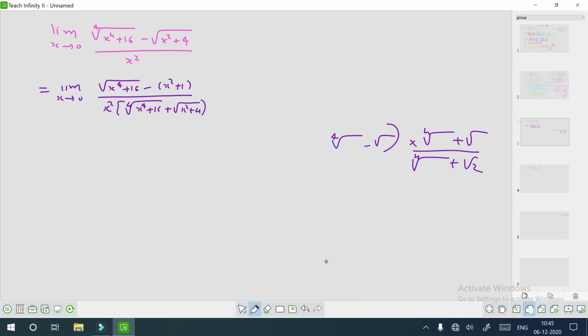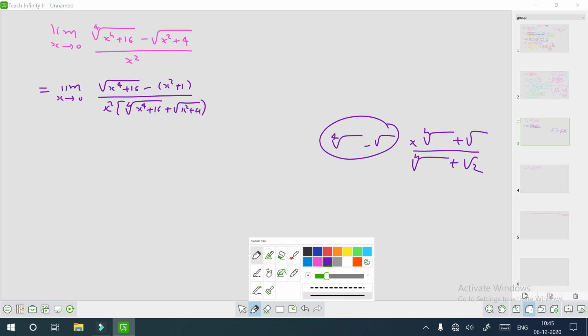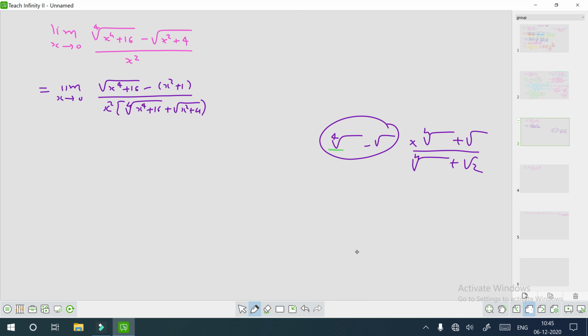Now here see, a minus b, a plus b. So the fourth root of some function, squared, minus the square root of some function, squared, over the fourth root of some function plus the square root of some function. Clear?